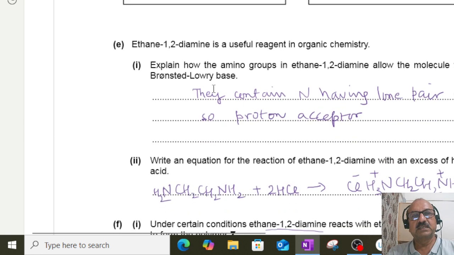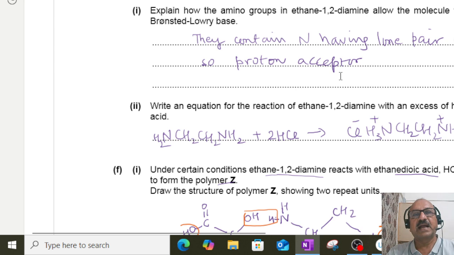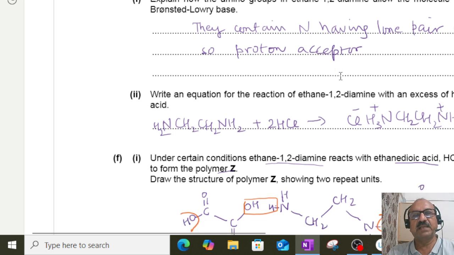Why does this ethane-1,2-diamine act as a Lowry-Bronsted base? Because it has a lone pair of electrons, and therefore it is a proton acceptor. That's the definition of a base, and that's why ethane-1,2-diamine acts as a Lowry-Bronsted base.